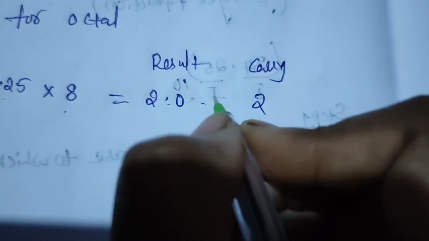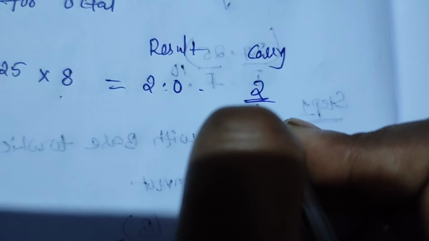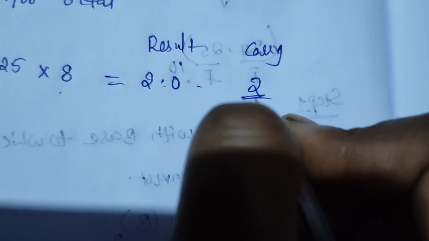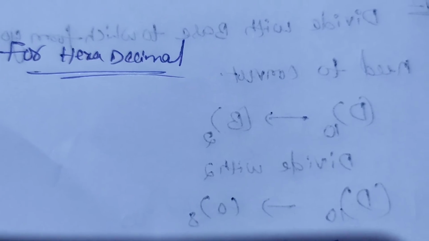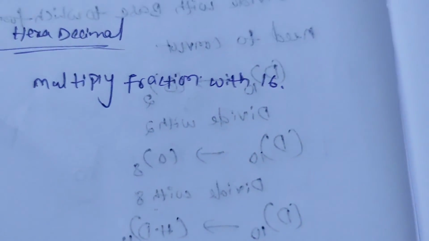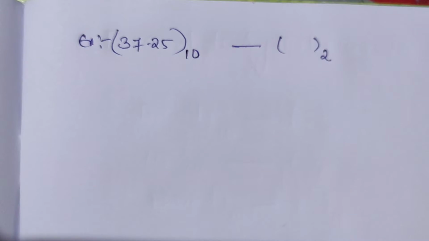There is no further part to multiply. So this is the octal equivalent for the fractional part. The same applies in the case of hexadecimal: multiply the fraction part with 16 and you will get the hexadecimal equivalent of the fraction.